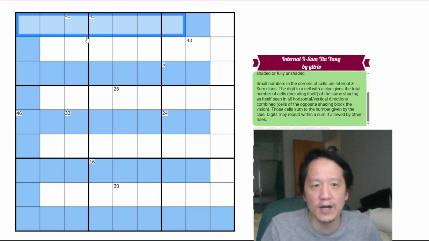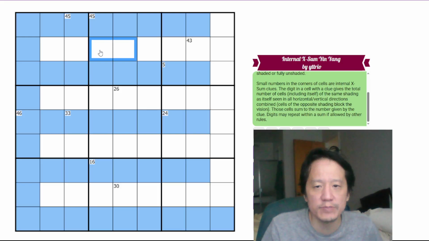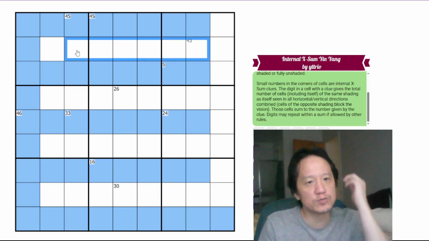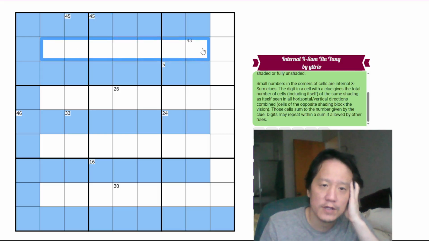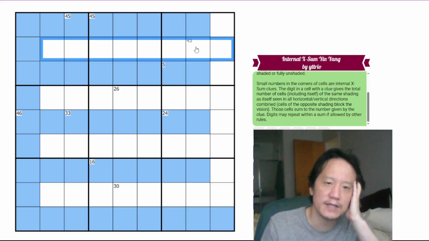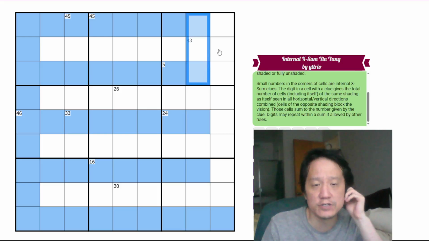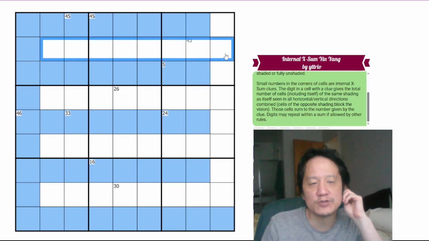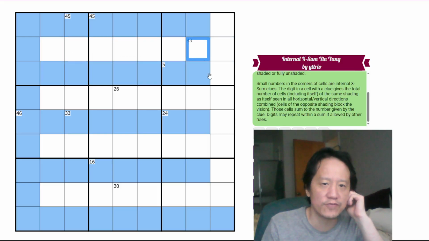So cells of the opposite shading block vision. Those cells sum to the number given by the clue, and digits may repeat within a sum if allowed by other rules. So if this were the shading, this would say that all the unshaded cells it sees vertically and horizontally, blocked by shaded cells here, would have to add up to 43. So it would be these 8 unshaded cells that add up to 43.